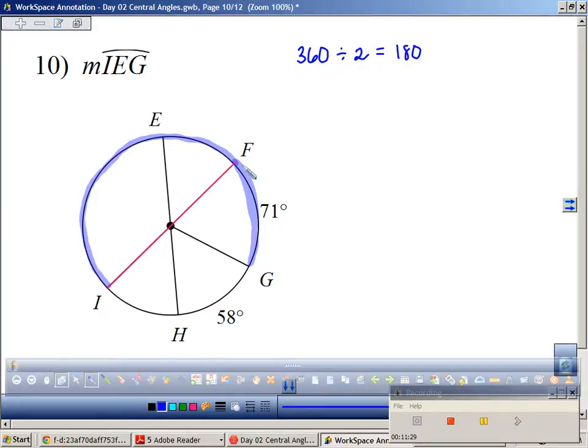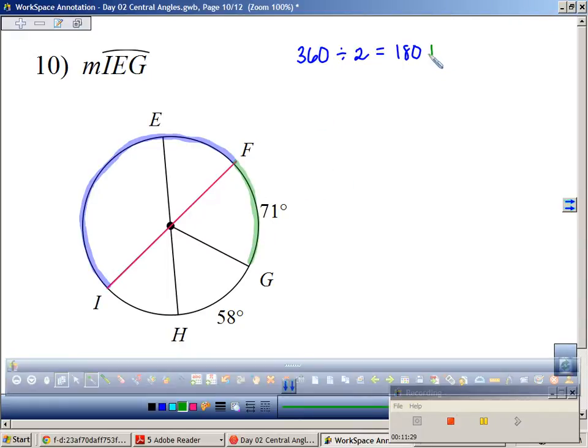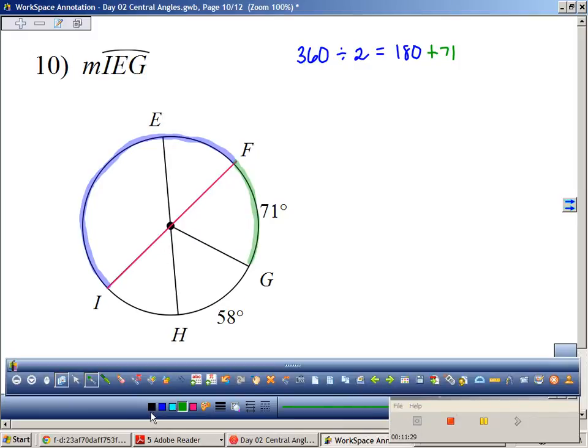So this part of the circle I already know is 180 degrees. So this is 180 degrees. I already know that this is 71 degrees. So that gives me a total of 251 degrees.